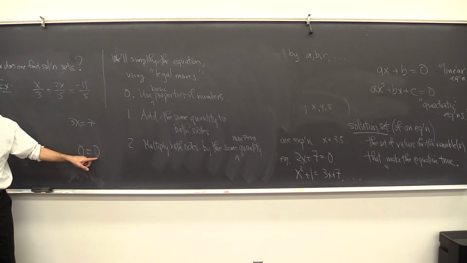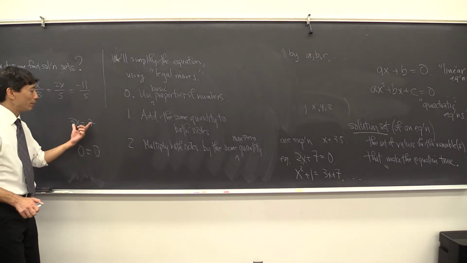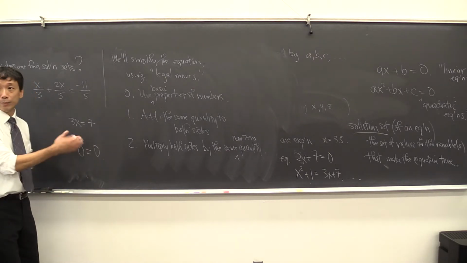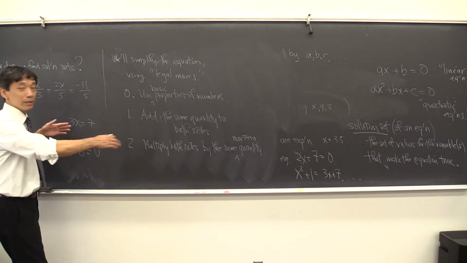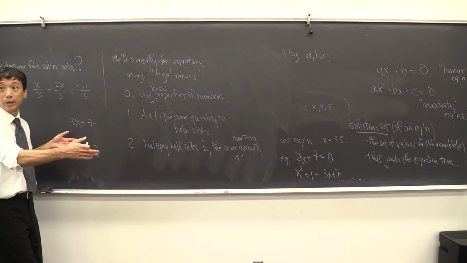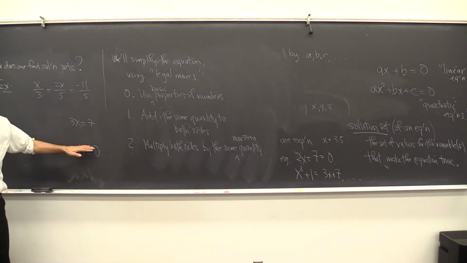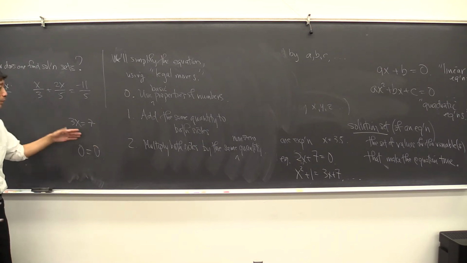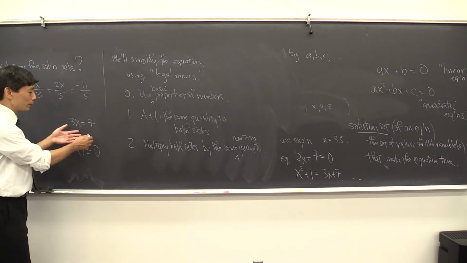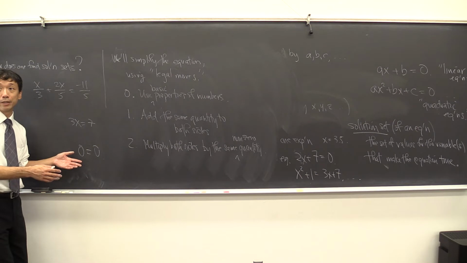Will 0 be equal to 0? Yes. If x is 1,000,000, is 0 going to be equal to 0? Yes. So by multiplying by 0, I lose all information, and the solution set becomes the entire line. This is why you can't multiply by 0 on both sides. If you do, you've changed the solution set drastically.